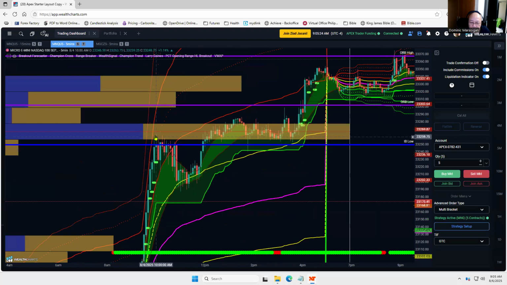Right here, when you see some rejection going on, you see the pullback, we'd wait for this to come back. We were thinking it might come down to the VWAP, but it didn't. It just continued getting higher lows until, and usually I'm going to wait until it closes above this upper red line right here. It has to close above. There's your high. Your entry would have been there.